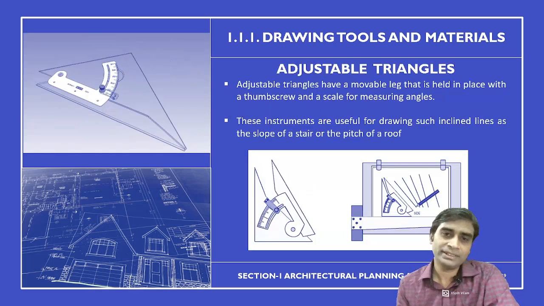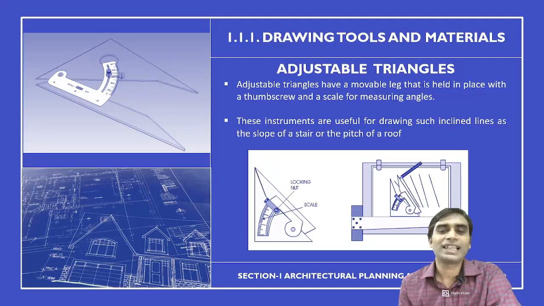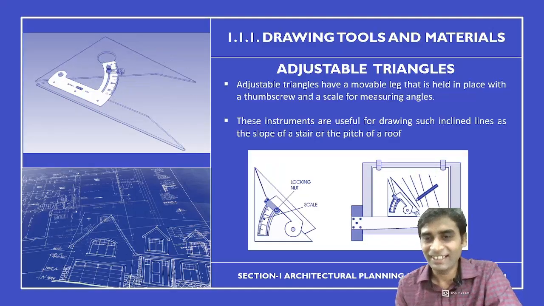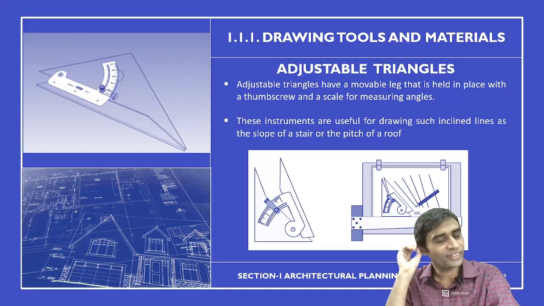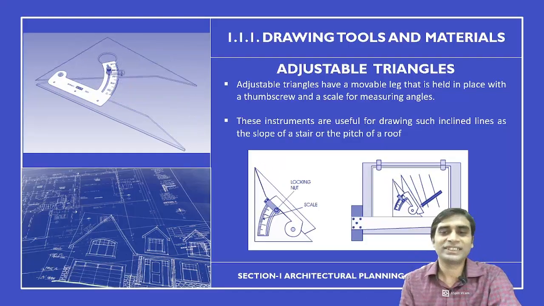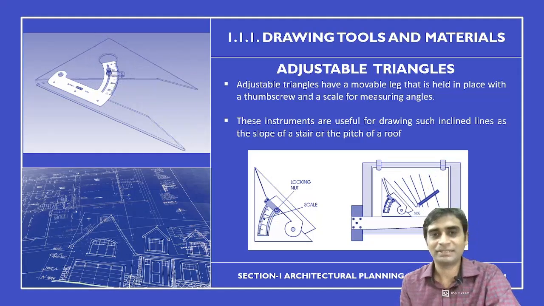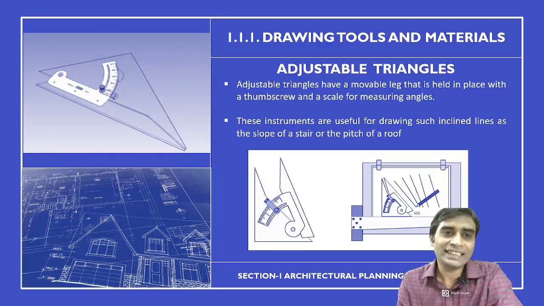Next is the adjustable triangles or the adjustable set squares. I think you may be happy seeing these set squares on your screen that you used in your drafting classroom, first year, second year, which are quite memorable moments. You can see how you were using various angles with the adjustable triangle.